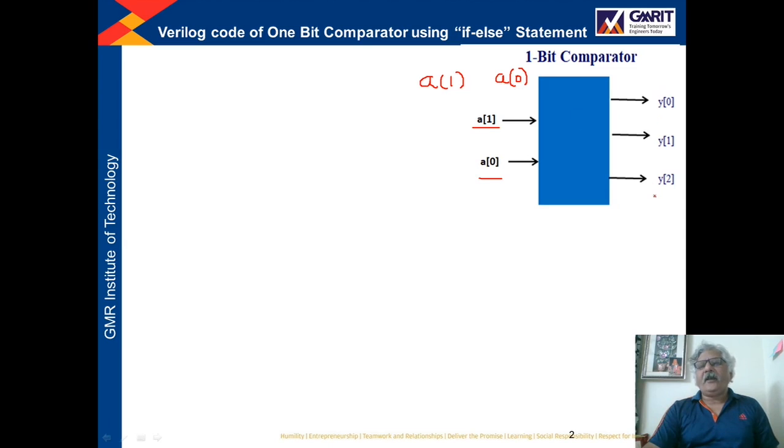So these two bits will be compared, and depending upon the values of these two bits, out of three outputs any one output will be high. If these two numbers, A1 and A0, are equal, then the output Y0 will be high, right?